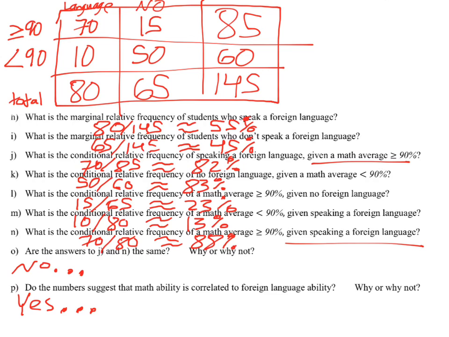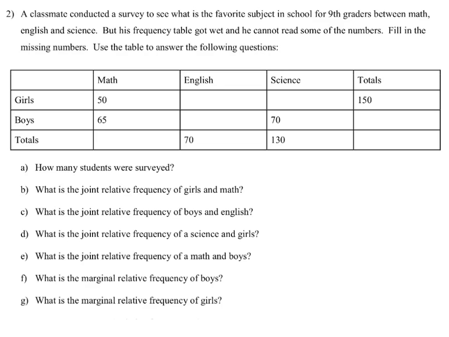And then also, if you look at the other way around, those that don't speak a foreign language, 50 of the 60 of them have less than 90 average, but only 15 do well in math. So yeah, there you go. Hopefully that was useful. I'll explain more on this next one. I'm sorry. Apparently the video just stopped in the middle.